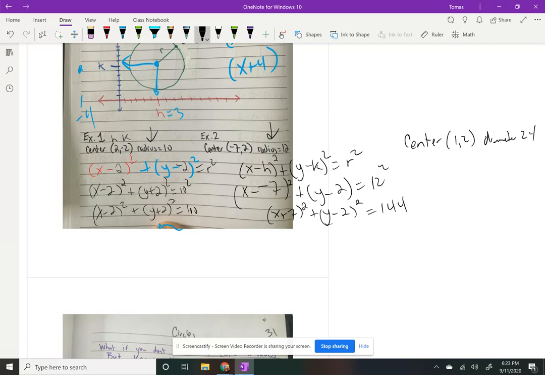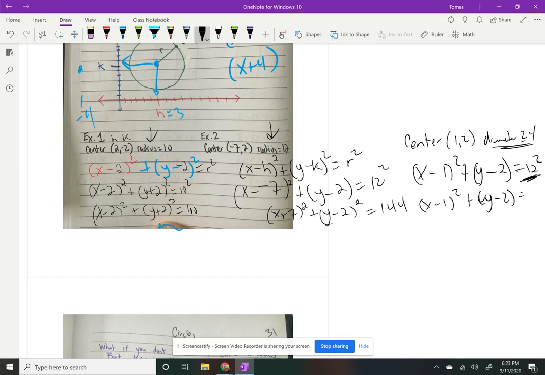And then you go about your business, you do this whole shebang, and then you go 24 squared, and that's a big no-no. Because this is asking for the radius, so technically the radius is not 24. The diameter is 24. So that means this would actually be 12.